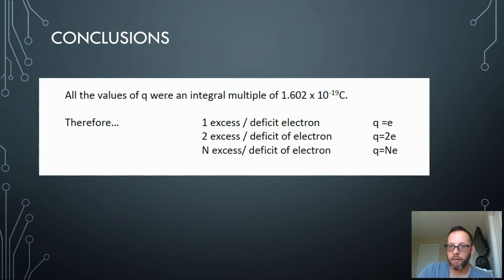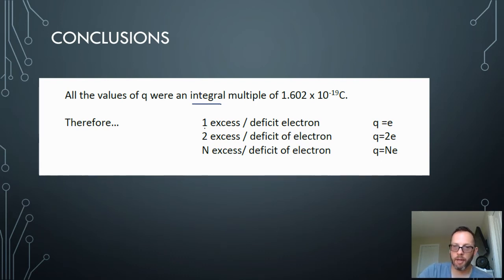But what he found was that all the values for the charge on all the oil droplets he got were all an integral multiple of 1.602 times 10 to the minus 19. So they were all integer multiples. So it was either 11 times Q or 33 times Q or whatever. They were all multiples of Q.